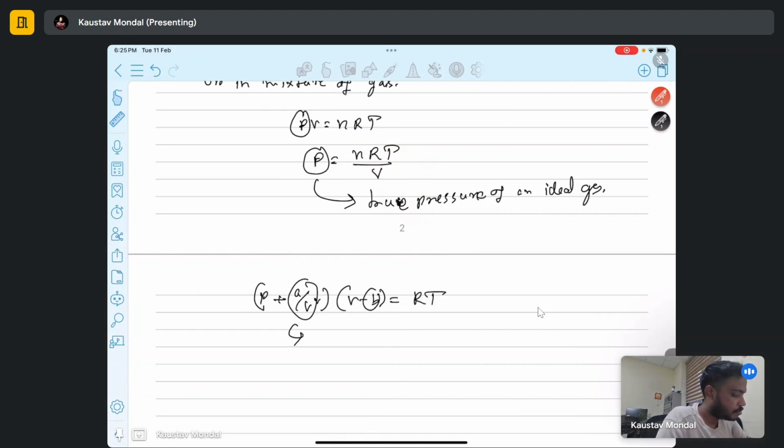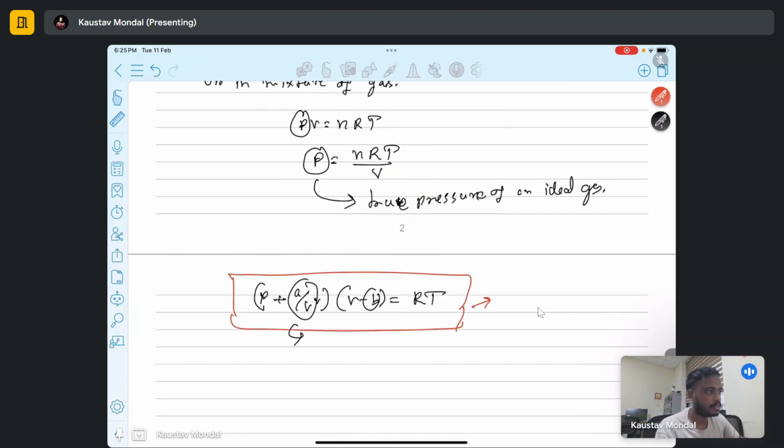If you consider both of these corrections, this is the final equation of state, known as the van der Waals gas equation.